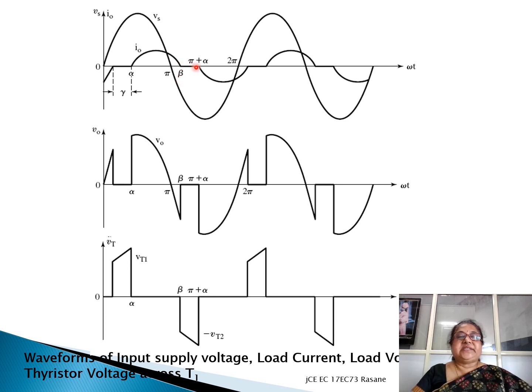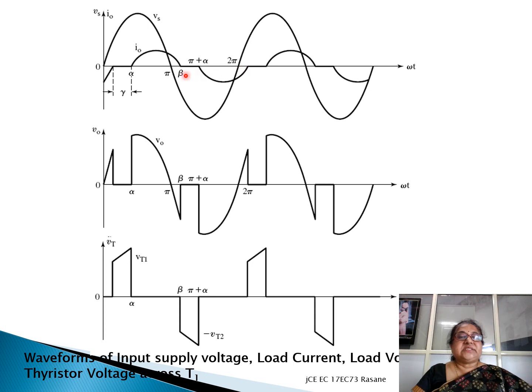And since beta is less than pi plus alpha, at pi plus alpha T2 will be forward biased and it will get the triggering pulse. So now it is the time for T2 to start conducting from pi plus alpha. Again, it is supposed to stop conducting at 2 pi because the input supply reverses, but the load inductor will not allow the current to stop and it will force it to conduct till the next beta.